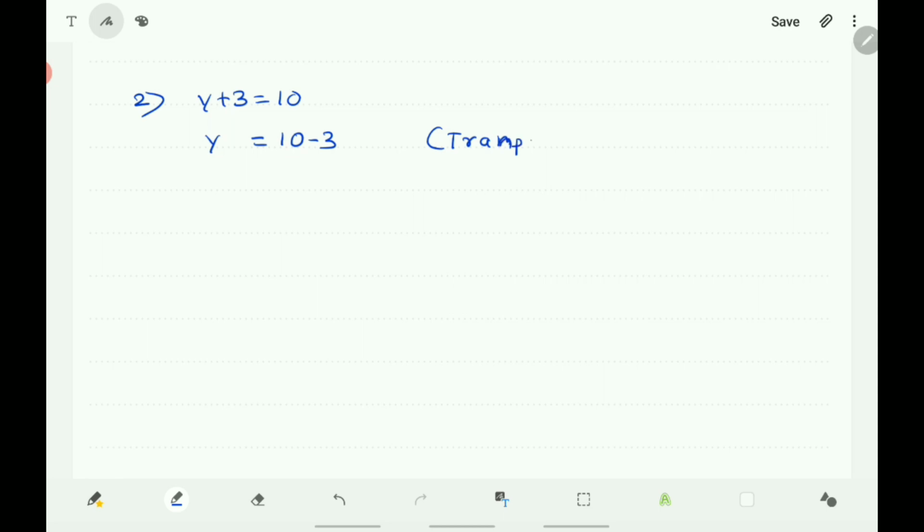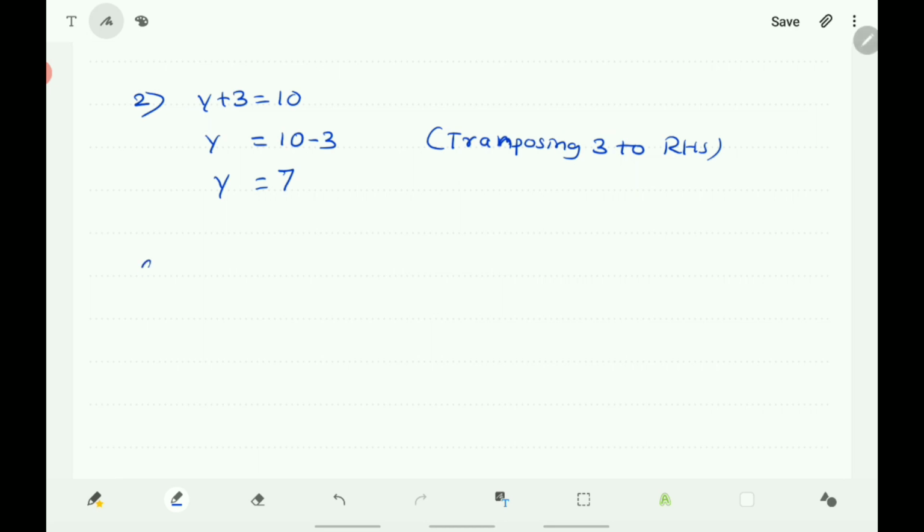Transposing 3 to RHS. So you got here y is equals to 10 minus 3, that you know 10 minus 3 is 7. This is the solution. Y is equals to 7 is the solution.